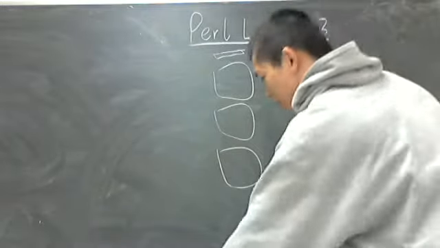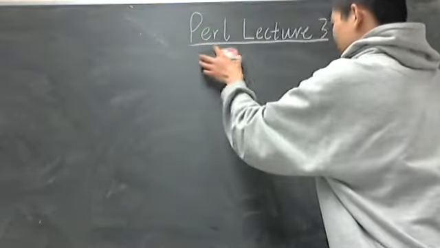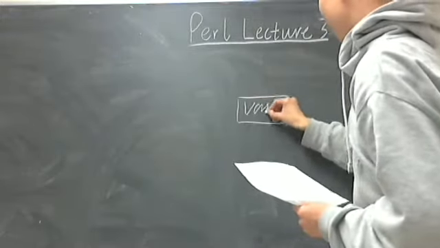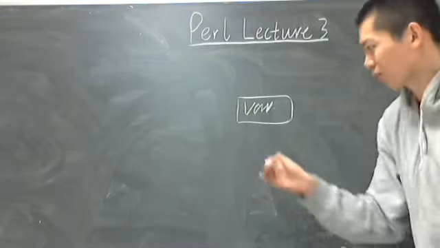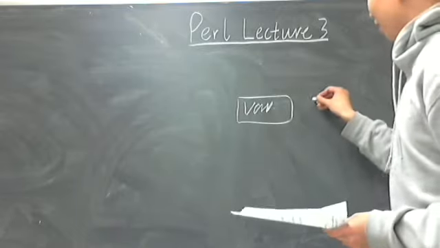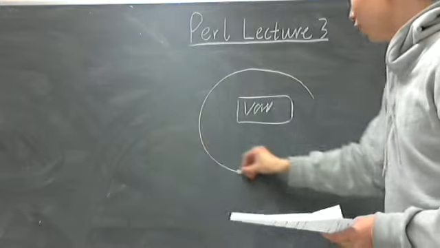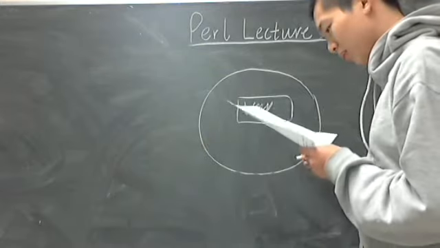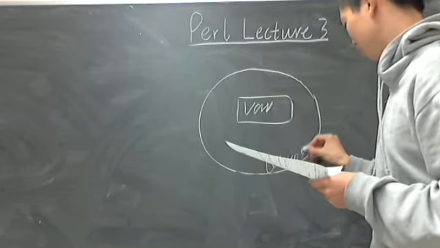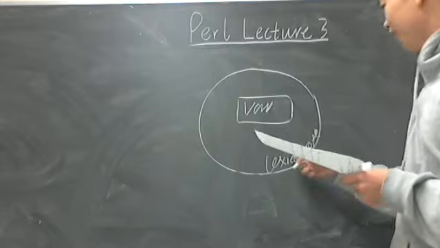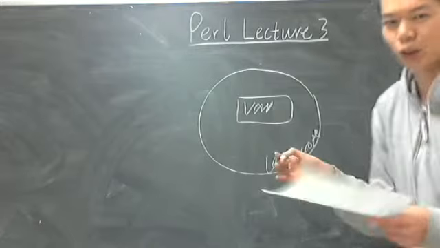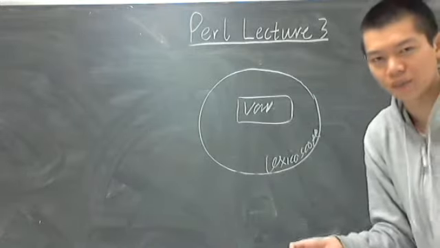So let's pose a question right now. Let's say you have some random variable. Well, how does Perl know what type of variable it is? So first of all, it searches for the variable in its lexical scope. Given a variable, it looks for it in a scope within a particular block of code.